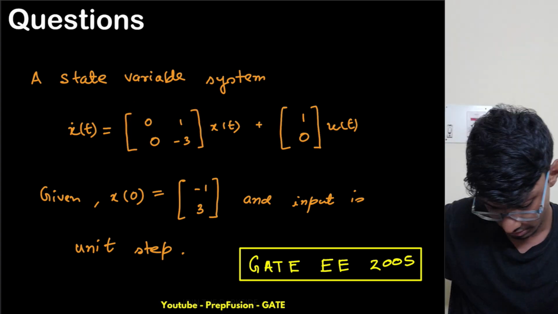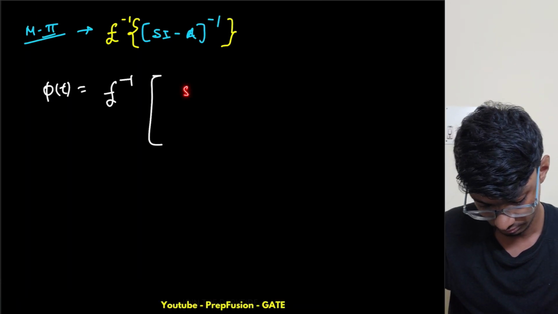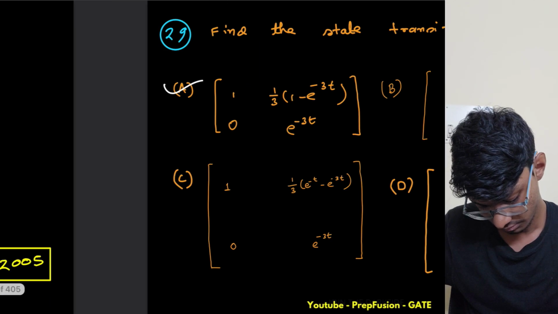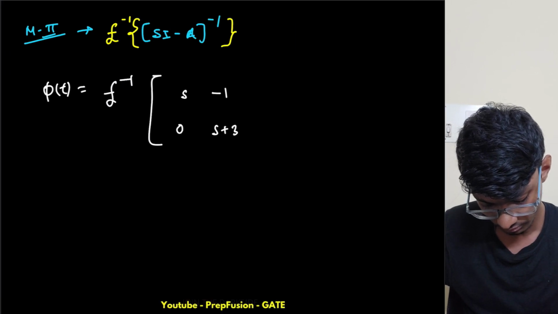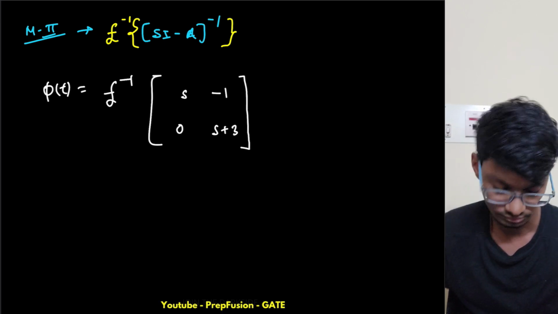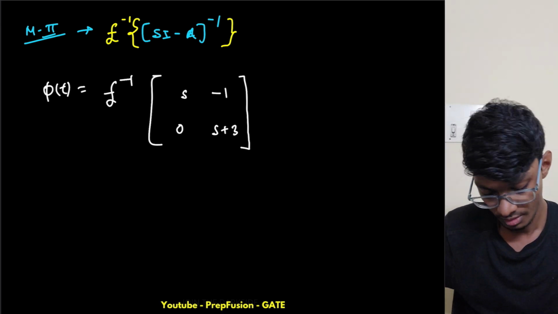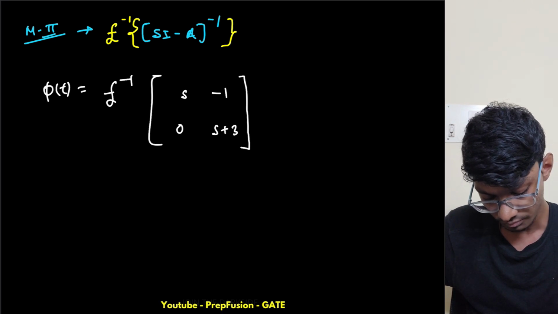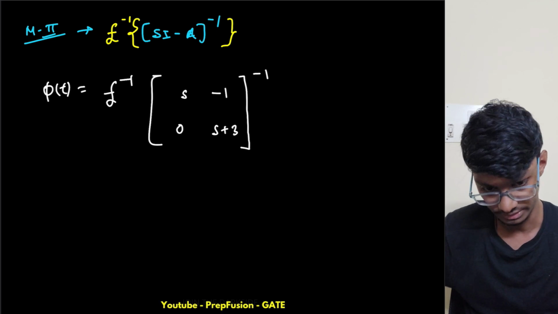So what do I get? This is s minus 1, 0, and s plus 3. So we have to take the Laplace inverse of this also. First I have to take the inverse of this matrix. So what is the inverse?